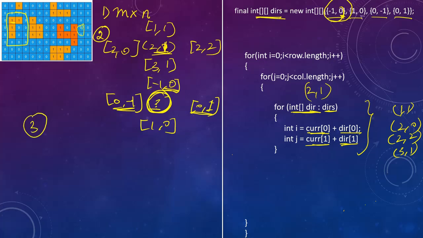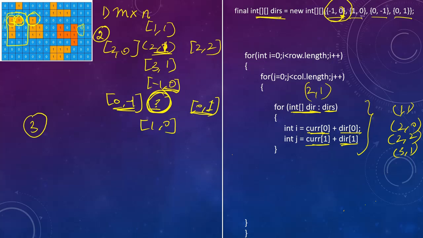For example, if you have traversed this particular island, you might have traversed this part and then moved on to this particular column, which is, I believe, 2 comma 2. So from 2 comma 2, you further explore. Every time you start your island at some point and think this is the starting point, and further you have to explore all the connected nodes.